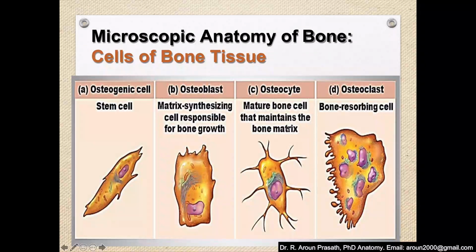In this picture, first the bone is formed from an osteogenic cell, we call it a stem cell. From this cell only the osteocytes are formed. These stem cells mature and change in shape, and we call this an osteoblast, the immature cell of the bone.